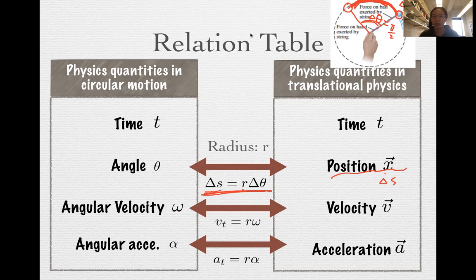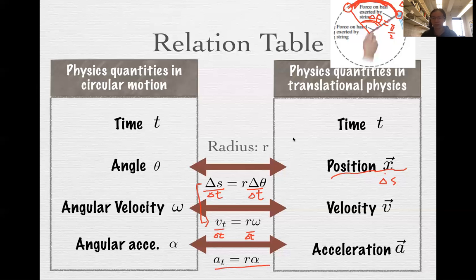We will start from here, and now you can take this equation and divide it by delta t. Delta S over delta t is the velocity in the tangential direction, and delta theta over delta t is the angular velocity. So from this we get another relationship that connects angular velocity to tangential velocity. Similarly, I can divide by delta t again and get this relationship.